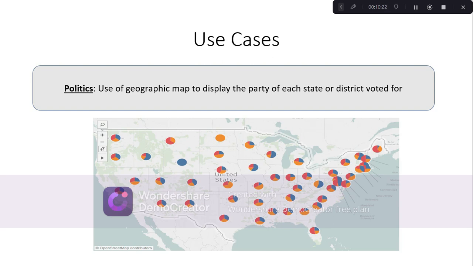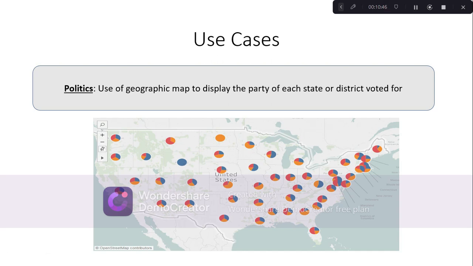This is a geographic map, used to display the party each state or district voted for. It shows in the format of a pie diagram. I took the United States as an example. You can see it displays each state. In this state, the blue color is considered the blue party.